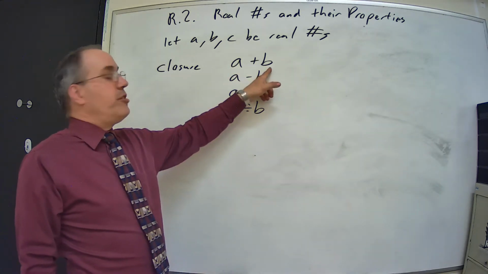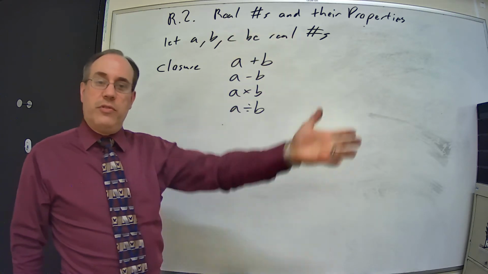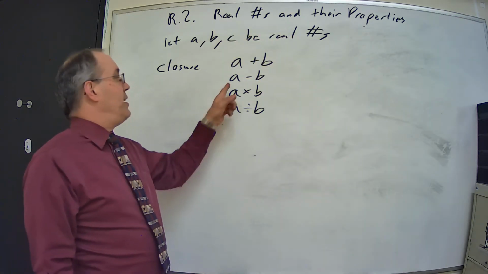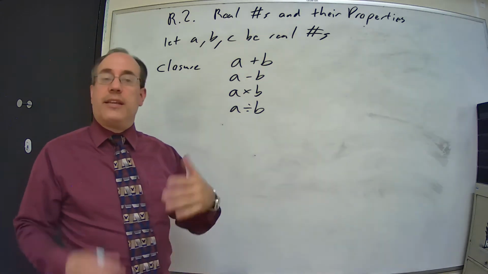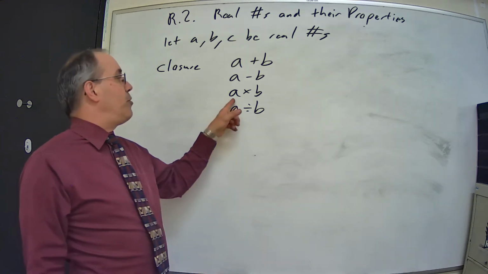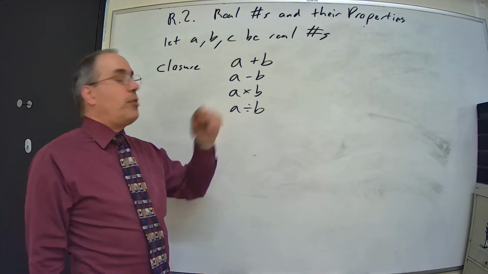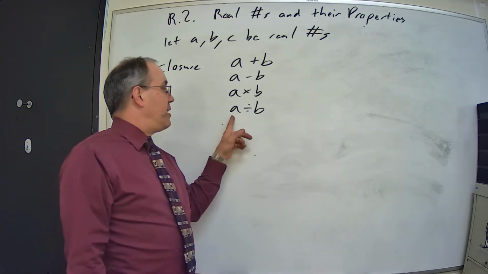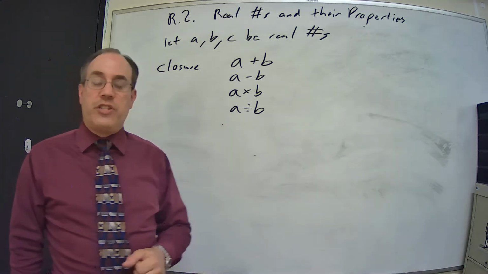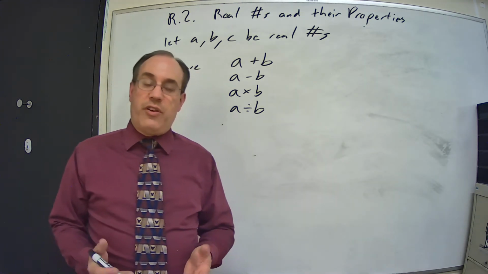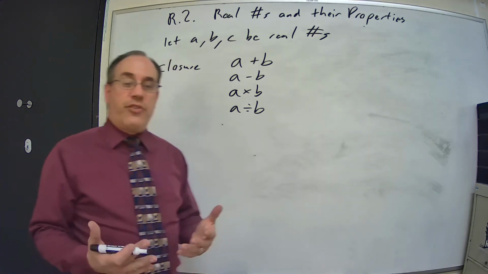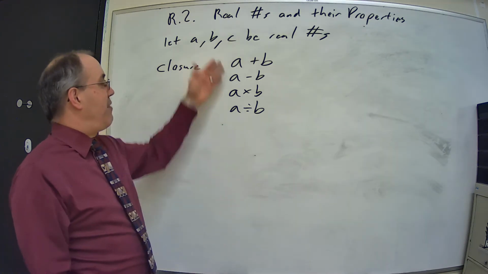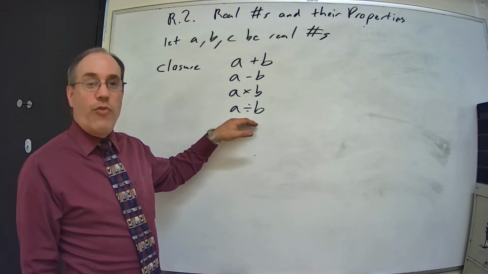Any integer plus another integer gives you an integer. Any integer minus another integer gives you an integer. Any integer multiplied by another integer gives you an integer. But an integer divided by another integer does not always give you an integer. Therefore, the set of integers does not have closure over division.